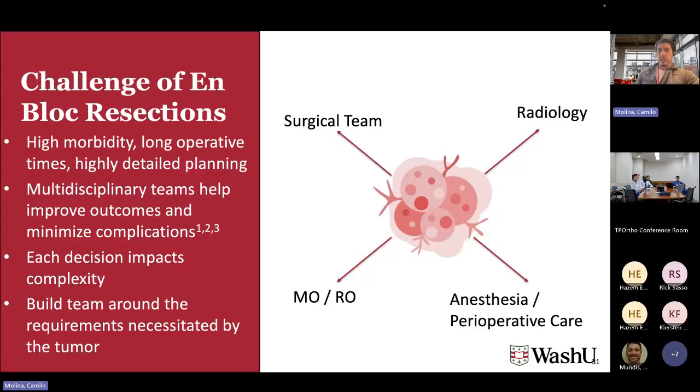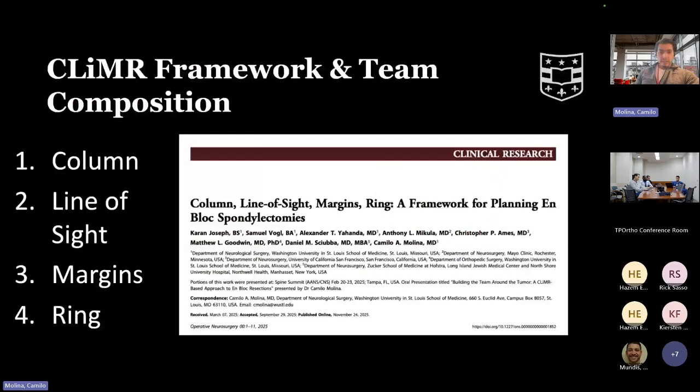They mandate a tremendous amount of resource commitment from basically everybody in the hospital. And thus, we have to be really thoughtful about offering these surgeries to people and when they make sense.